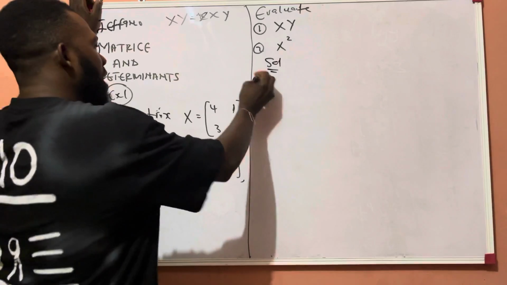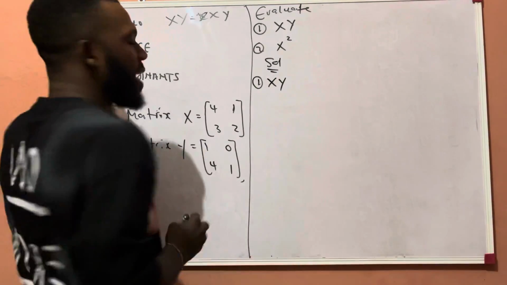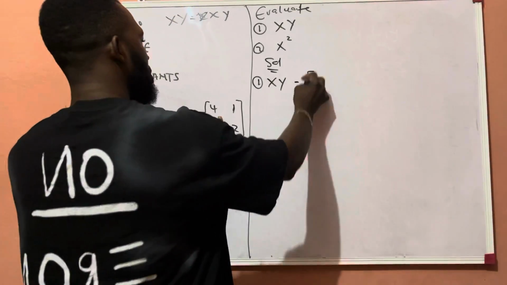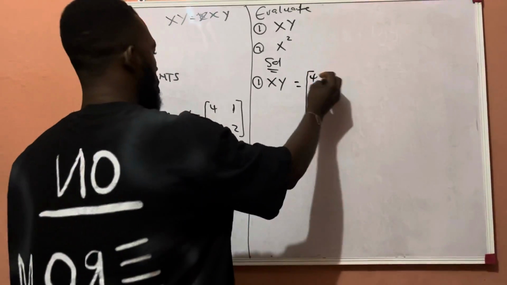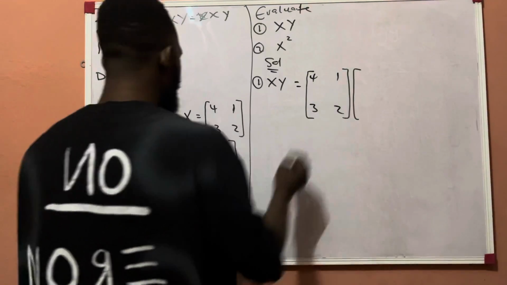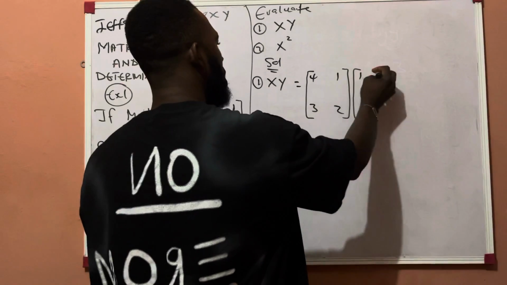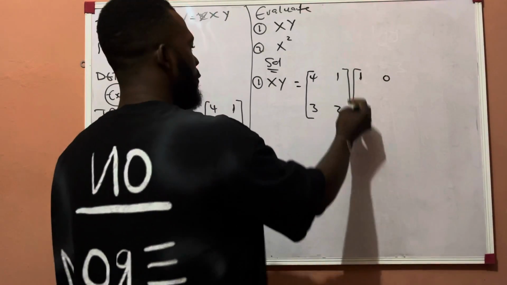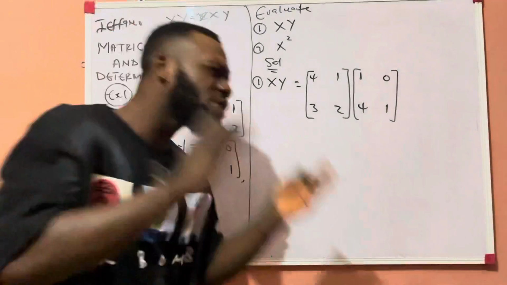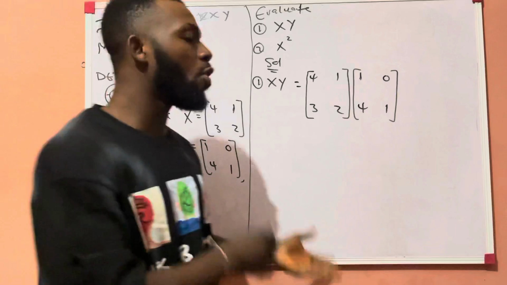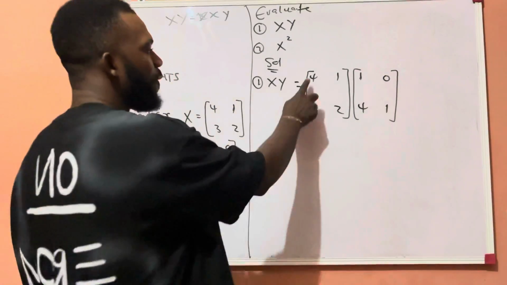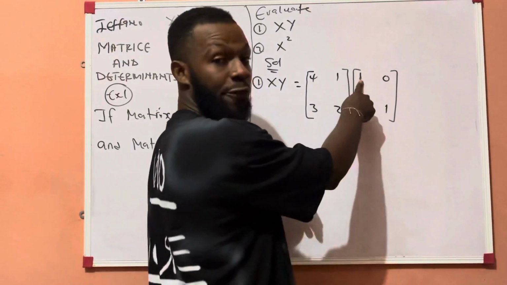Now, number 1 says we should evaluate XY. It simply means the matrix of X, which is 4, 1, 3, 2, times the matrix of Y, which is 1, 0, 4, 1. Okay, now let us go back to the previous videos that we made on matrix addition and subtraction. We said that when you are adding, the first element here is added to the first element here.